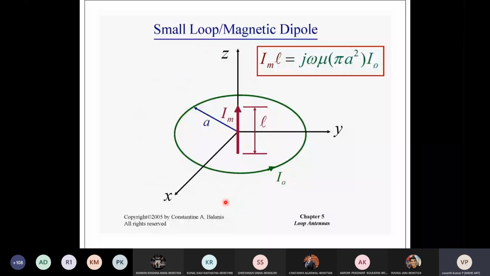So if you take a small magnetic loop and write the equation, if you convert Im into L, where L is equal to j omega mu pi a square into I naught, you will get identical equations for the infinitesimal magnetic dipole and the small circular loop. You have to make this conversion. That's all. If you make this conversion, the expressions will be the same for the small circular loop and the infinitesimal magnetic dipole.